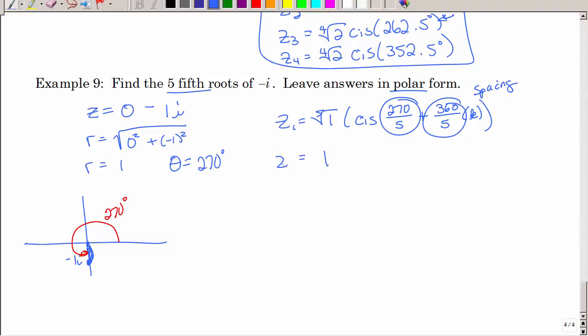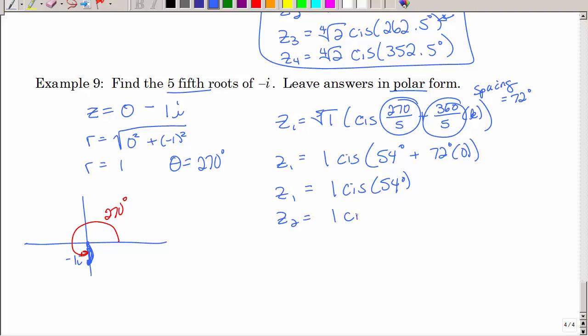So I have 1 cis 270 divided by 5 is 54 degrees. And then what is our spacing? Well, 360 divided by 5 is 72. But we're going to have 72 degrees times 0 as our first one. So we're going to have 1 cis of 54 degrees.